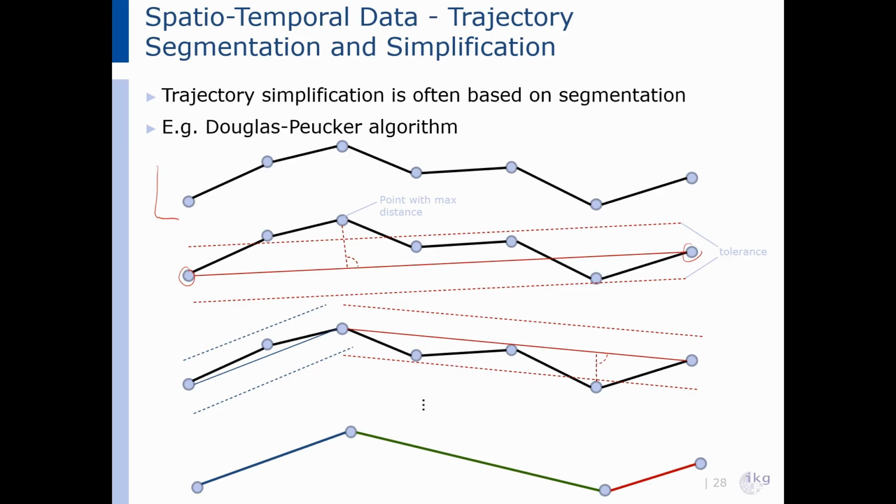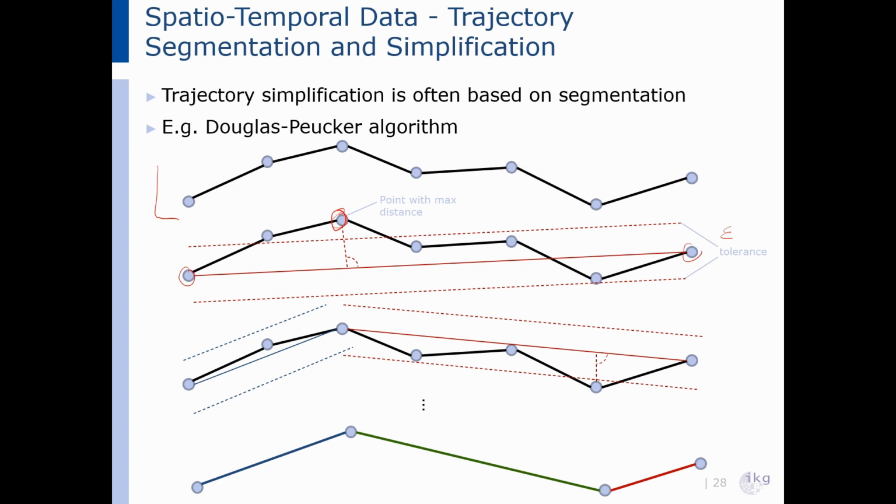So in this case, this will be this point. And in addition, this point has to be outside the so-called tolerance epsilon value, which is a tolerance threshold here. So if there is a point outside, we will keep it. So in this case, we will keep this point.